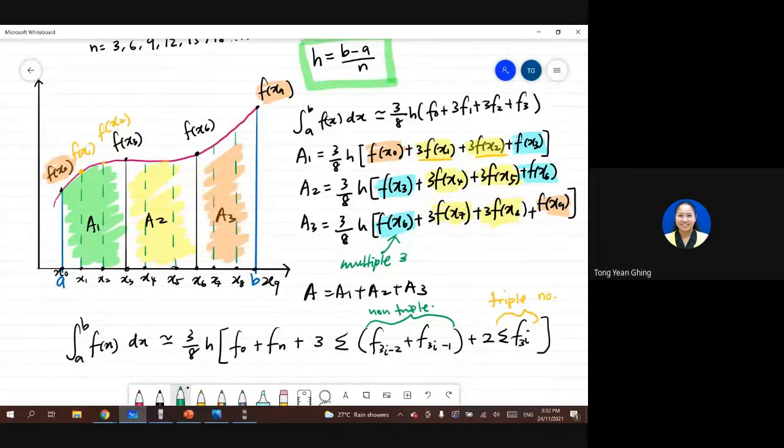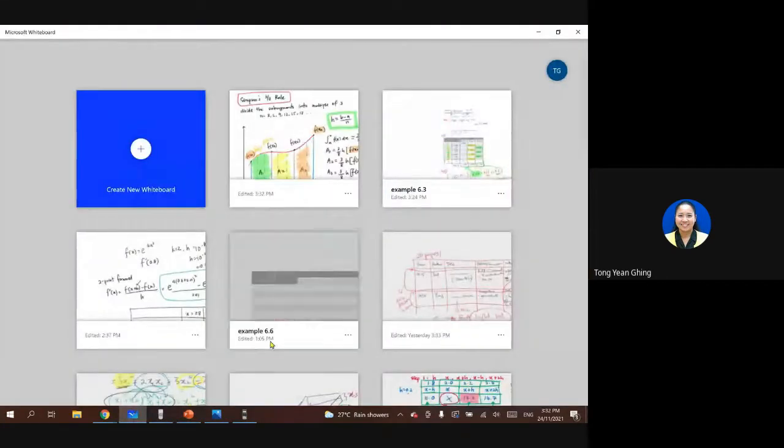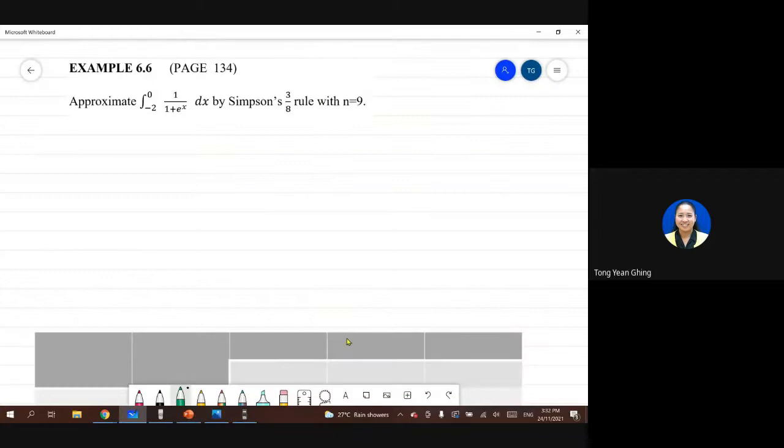So, let's try go back to the same example just now, but now we use Simpson 3/8 rule. Just now we use Simpson 1/3 rule, right? Now we try to use Simpson 3/8 rule. Okay, so go back to example 6.6, they are same.